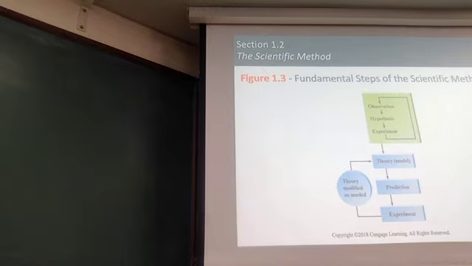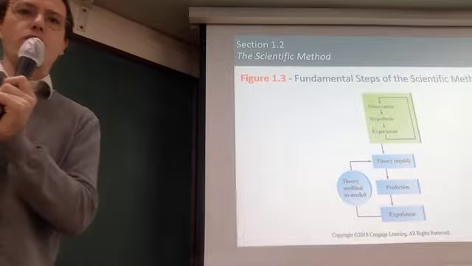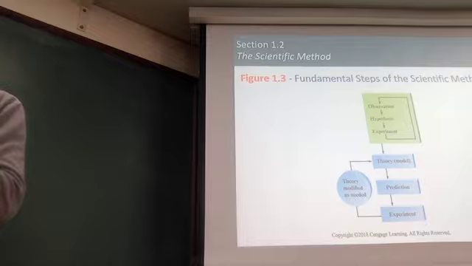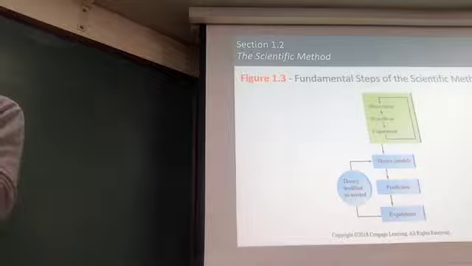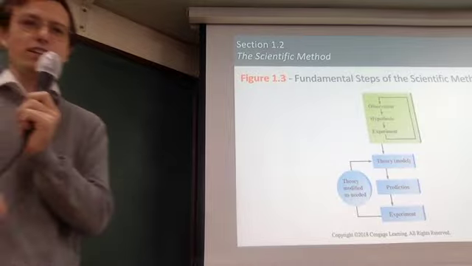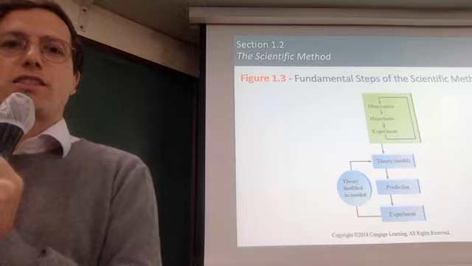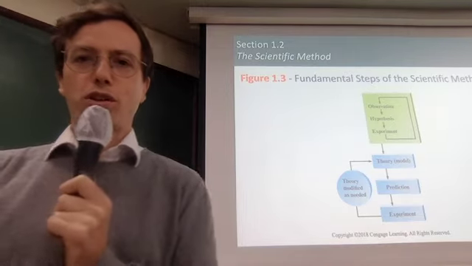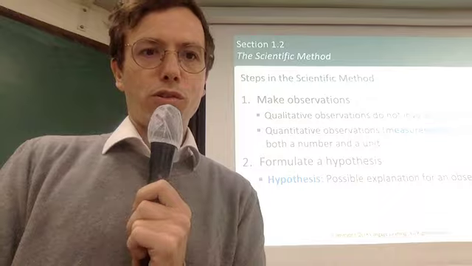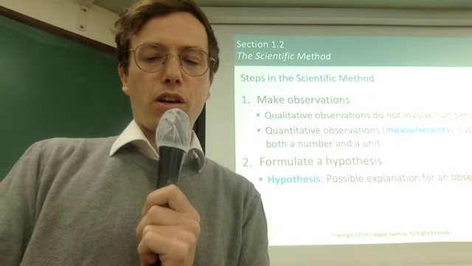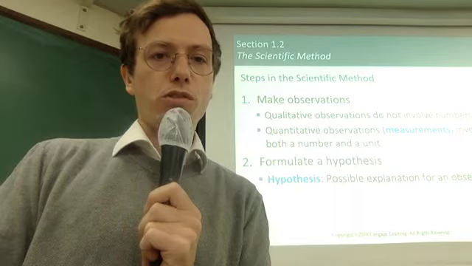And they can be verified by new experiments, and then you can modify the theory if needed. So this is a diagram which pretty well summarizes what people have done without actually knowing the diagram, right? It's just something that human beings generally do if they do research, if they find out new laws in nature.